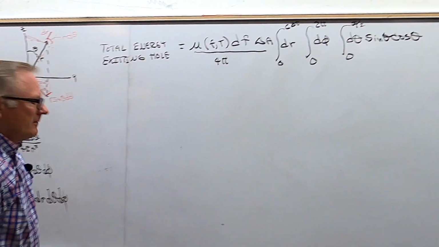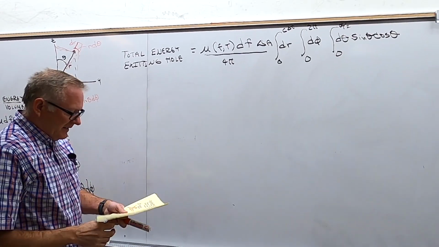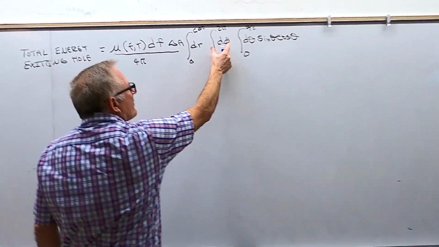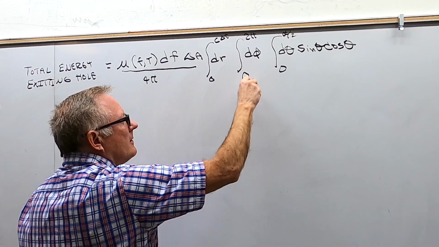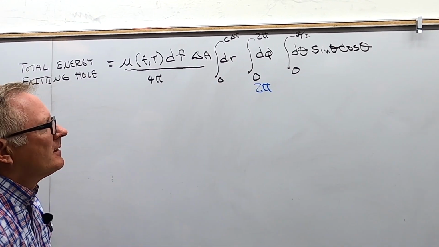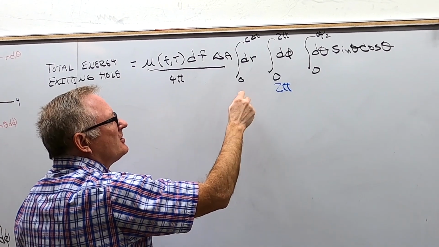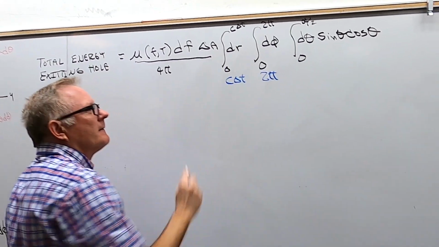Okay, well, now these integrals should be pretty easy to solve. We can see that this integral is just d phi from 0 to 2 pi. This is just 2 pi. This is just dr from 0 to c delta t. That's just r, which is c delta t.